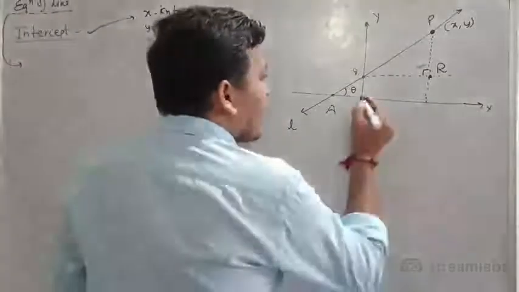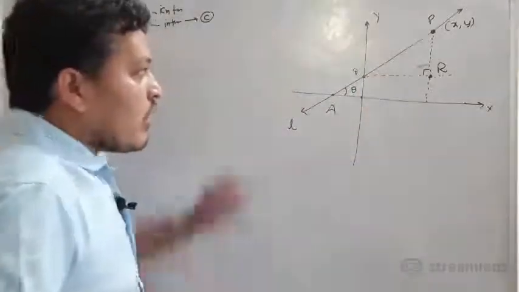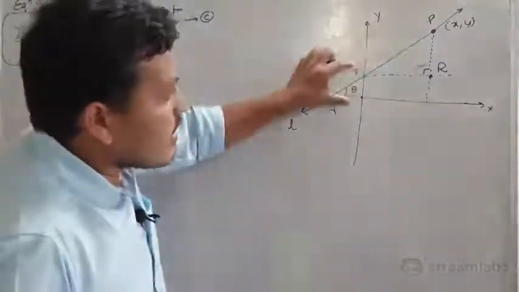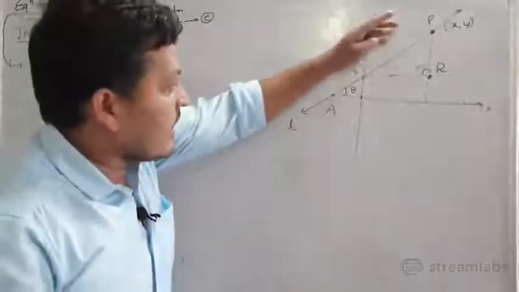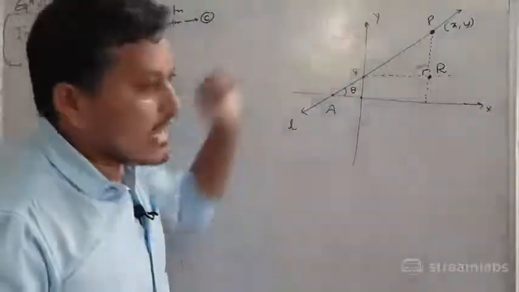From the origin up to this point Q, the line is making a line segment on the y-axis.